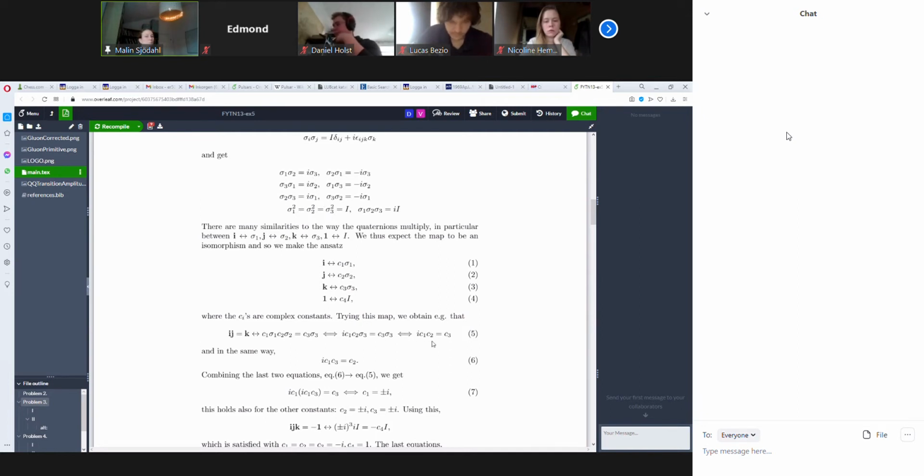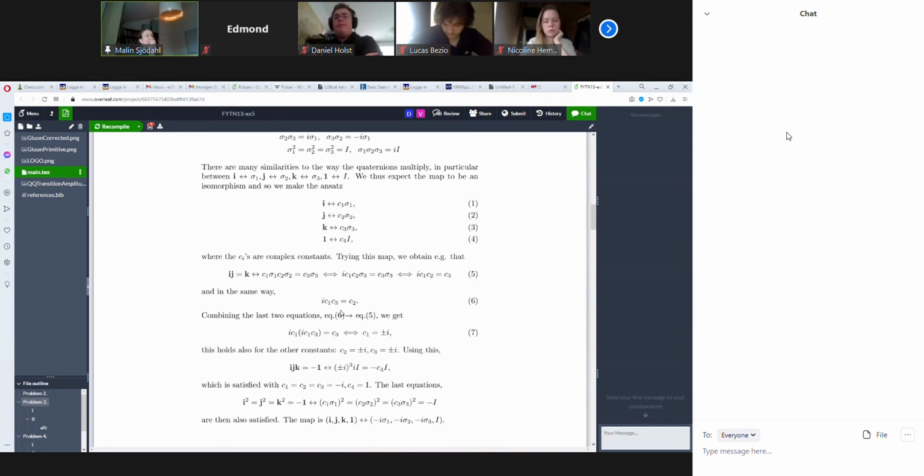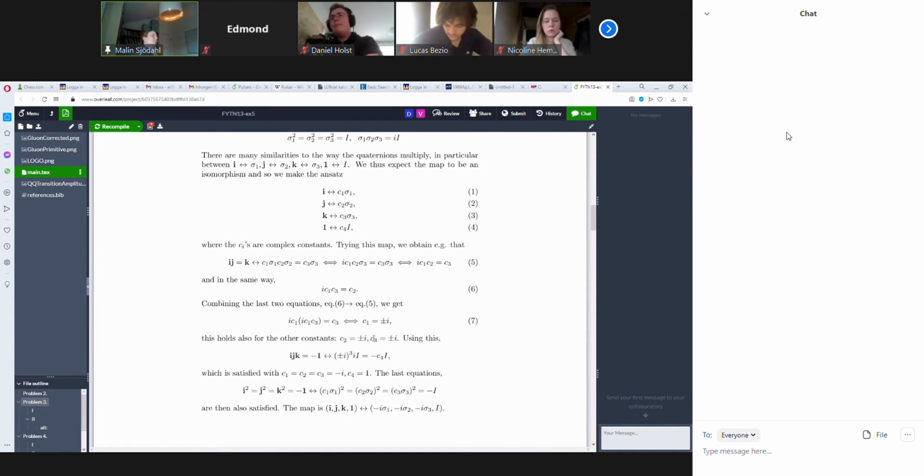And then we get a relation between the constants. And we can do this also for the other products. For example, k times I should be equal to j. And if we combine this information, we can see that C1 should be equal to plus minus I. And you can do this also for the others.